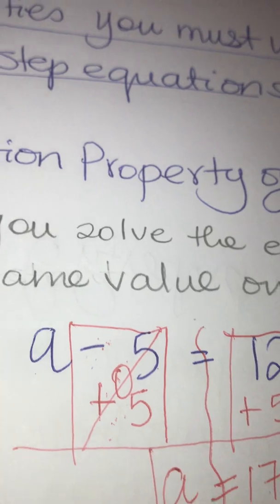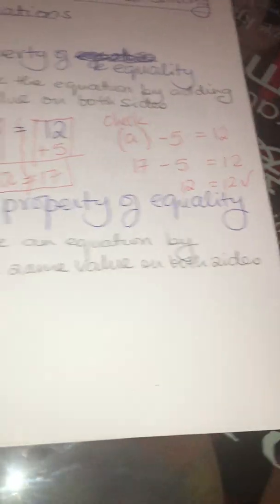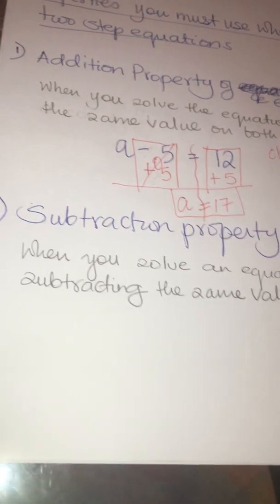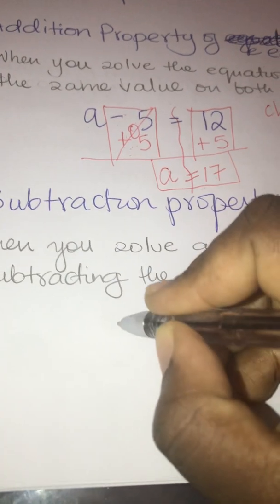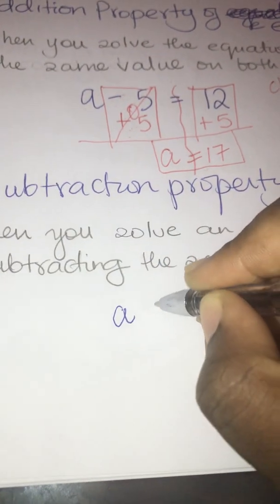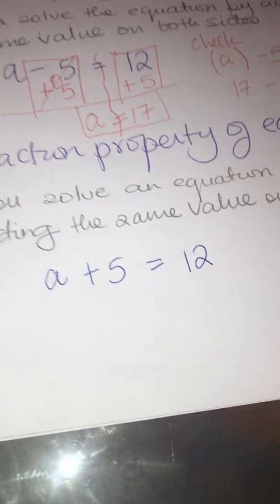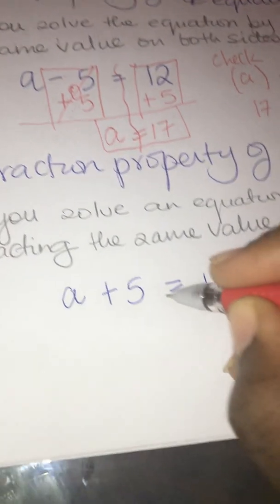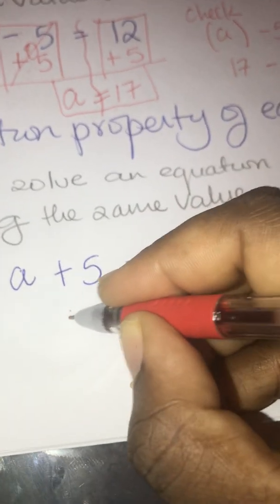Okay? So, let us do subtraction property of equality. So when it comes to subtraction property of equality, I just have the same equation. A plus 5 is equal to 12. Now, since I want to do subtraction property of equality, since this is a plus, I will minus.